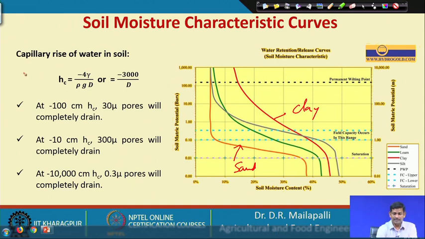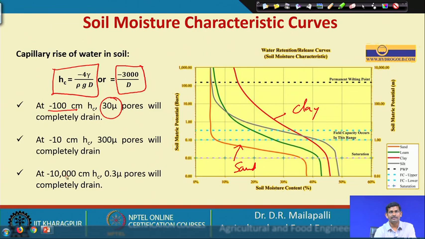The capillary rise I was talking about: h_c is equal to minus 4 gamma cos theta by rho g d, or minus 3000 by d. Suppose at minus 100 centimeter, h_c is equal to minus 100 centimeter, so the pore diameter of 30 microns will completely drain. At minus 10 centimeter, the 300 micron pores will completely drain.